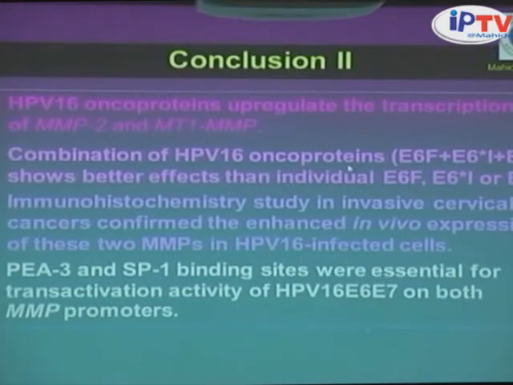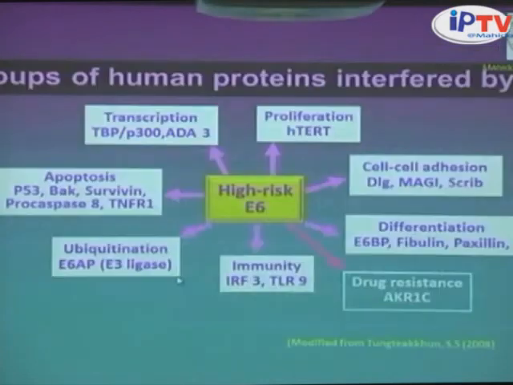So in conclusion, what we found in the second part is that HPV oncoproteins can also upregulate transcription of the MMP genes. MMP2 and MT1 are examples, and a combination of the proteins shows a better effect. And the result is confirmed in vivo. Also, the binding sites for PEA3 and SP1 seem to be essential for this activity.